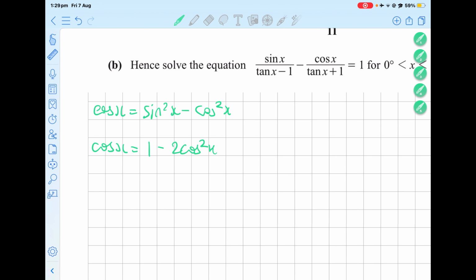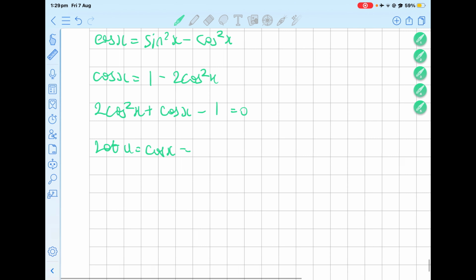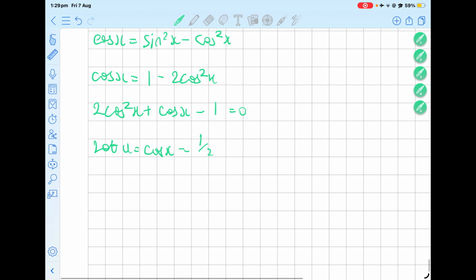So we could write it as 2 cos square x plus cos x minus 1 equals 0, and then we could let u equal cos x. So then we can find the values of u. So u is equal to half or minus 1.